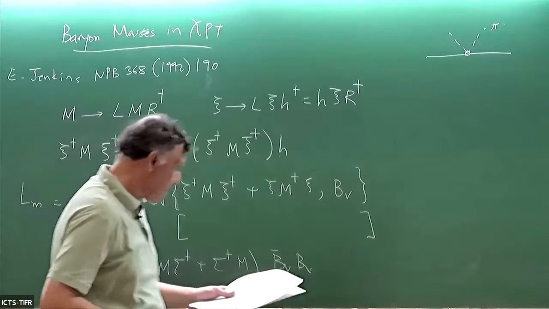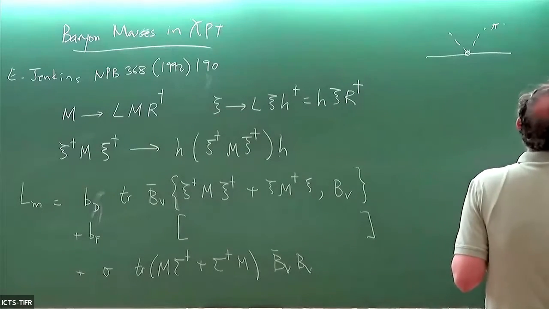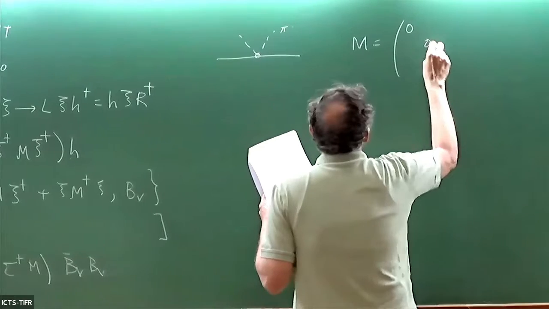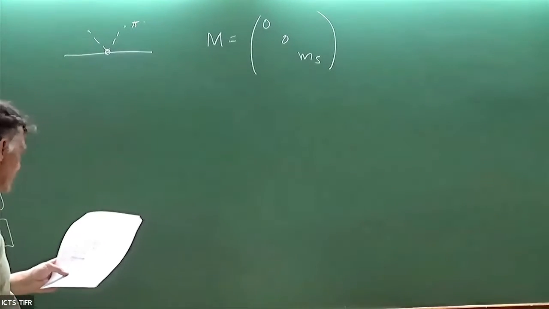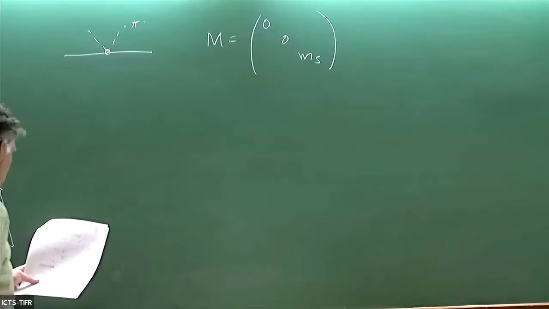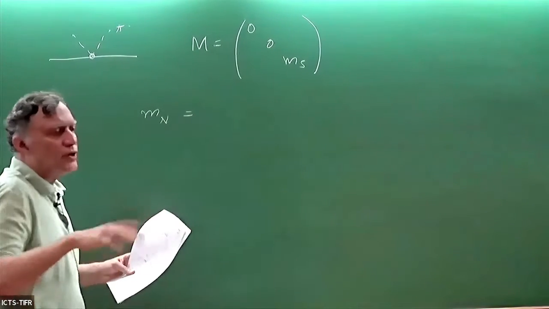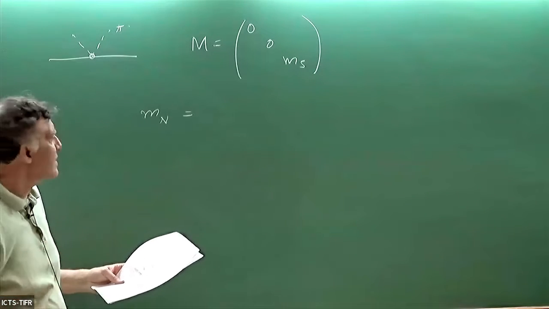So let's work in the limit where, just to save time, and you can work out the general case, I'll forget about isospin breaking. I only put in the mass of the strange quark. And then what you get, okay, so now the proton and neutron are degenerate, the 3 sigmas are degenerate, etc., because of isospin.